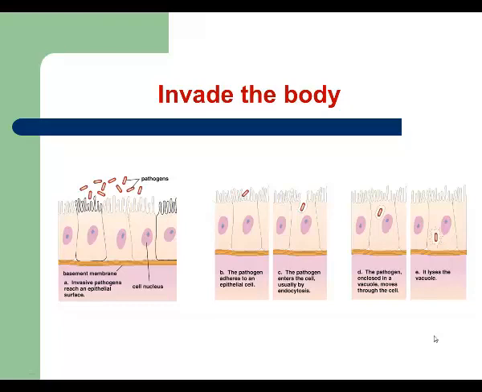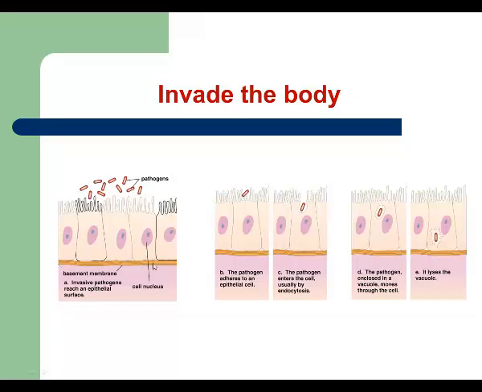The next few pictures show how pathogens go deeper into the tissue and make that infection invasive. Let's look at the first picture. This is our pathogen, some kind of bacteria. Those are epithelial cells.